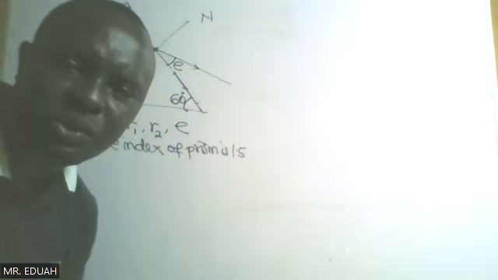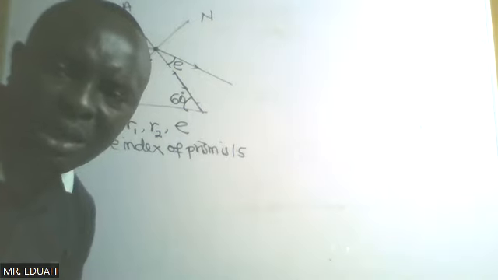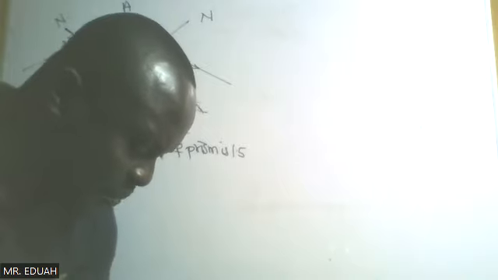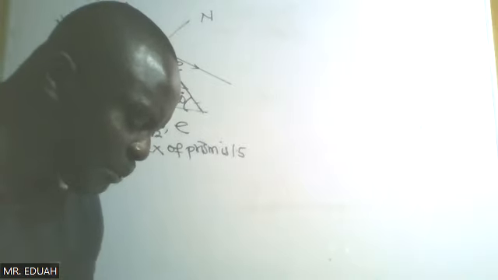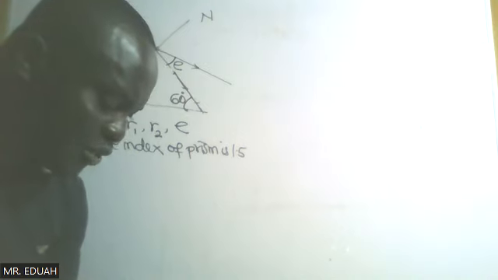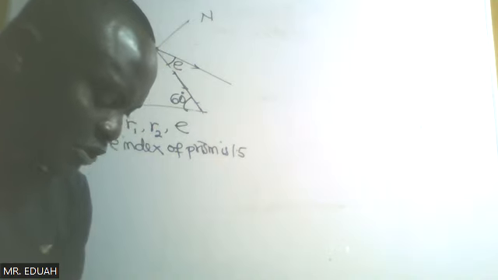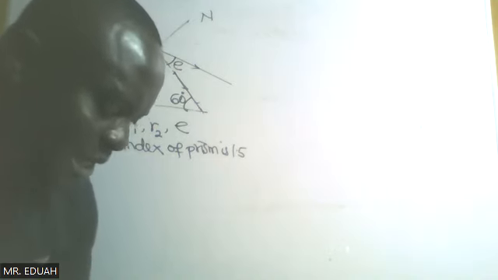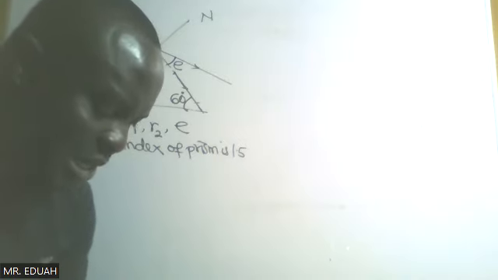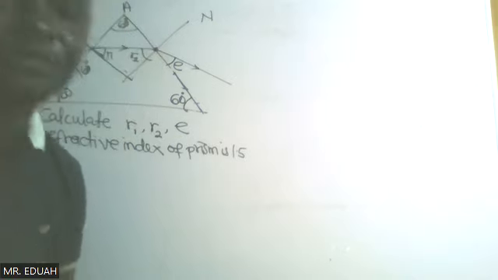Listen well. It said figure 3.0 illustrates a ray of light incident on one face of an equilateral triangular prism. Study the illustration and calculate R1, R2, E, when the refractive index of the prism is equal to 1.5.